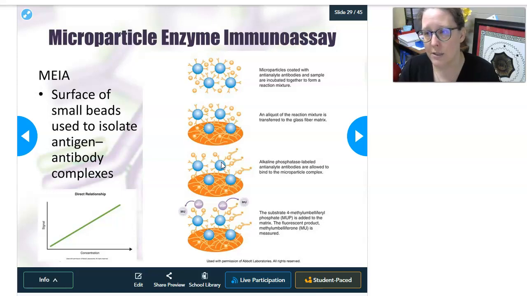It's just, instead of being on a well, it's on a microparticle. Okay. And then you add your substrate to that enzyme, and you get a signal. The stronger the signal, the more of the analyte got trapped on the beads and sandwiched with the detector. So stronger the signal, more analyte in the sample.